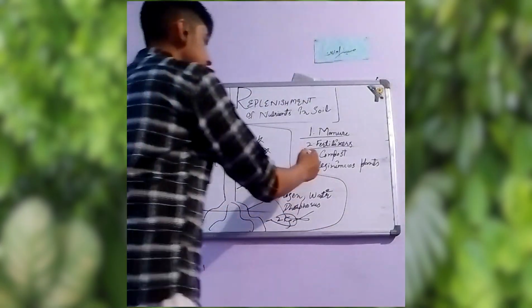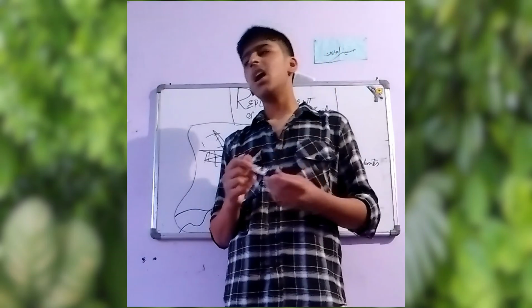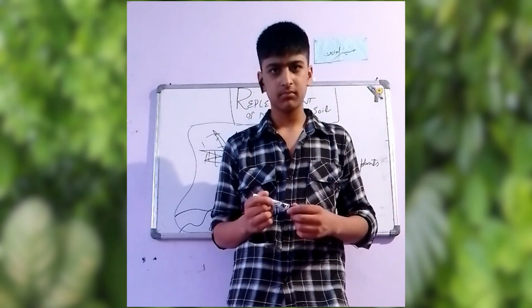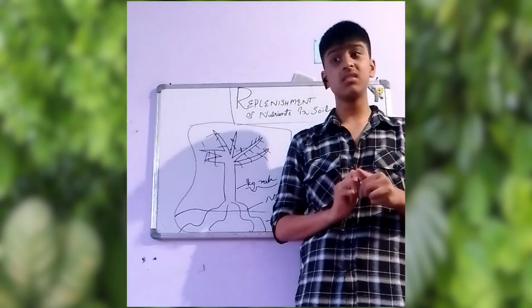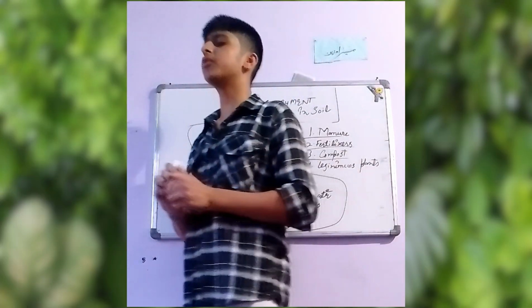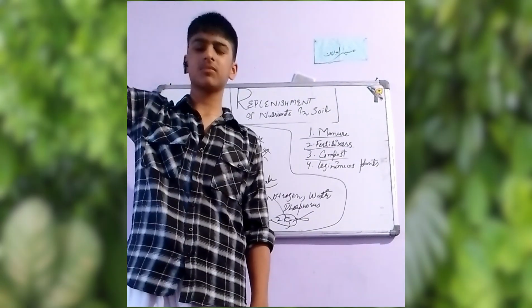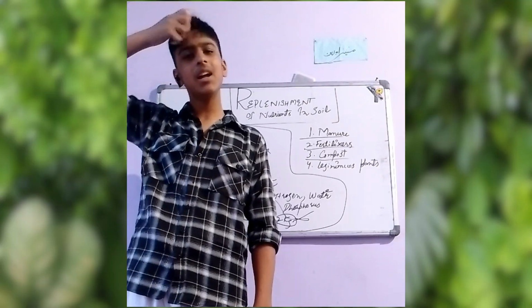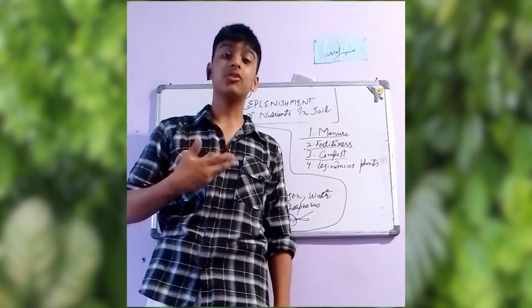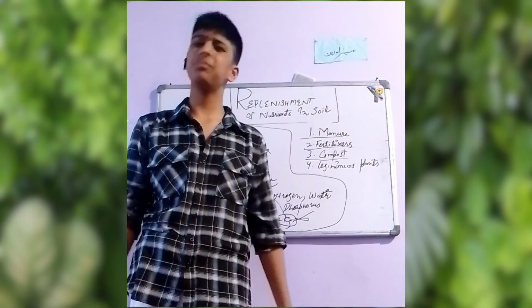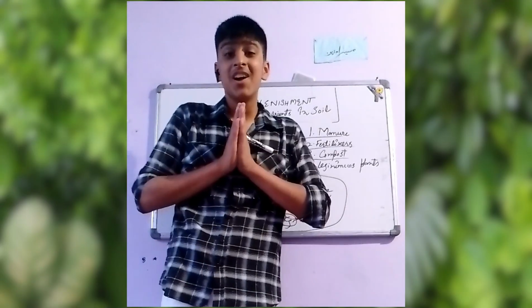And then moving to compost. Compost is when you have organic wastes at your home, like banana peels, vegetable peels, fruit peels. You throw them into the dustbin, and then your mother throws them into the rivers. Please do not harm the water bodies.